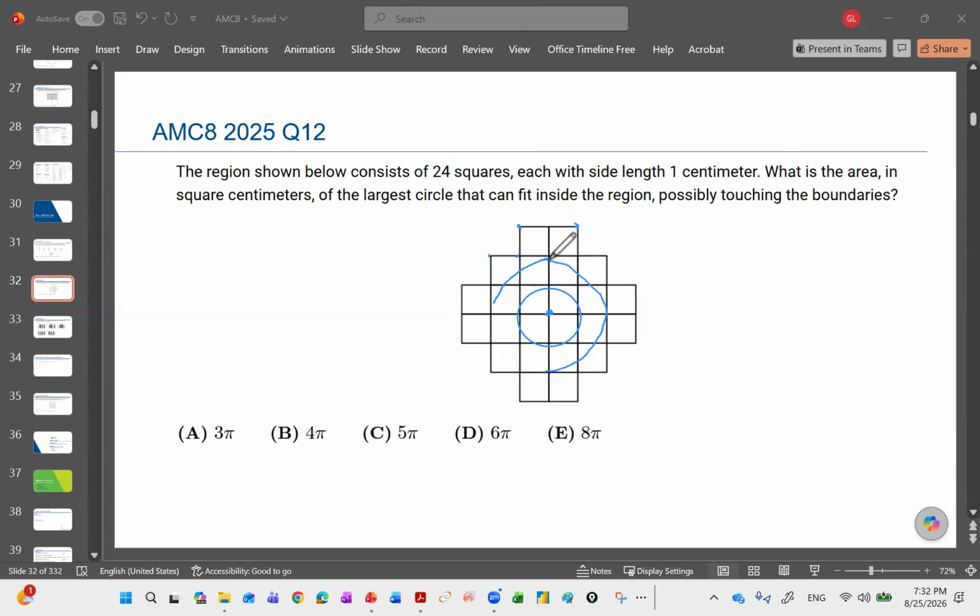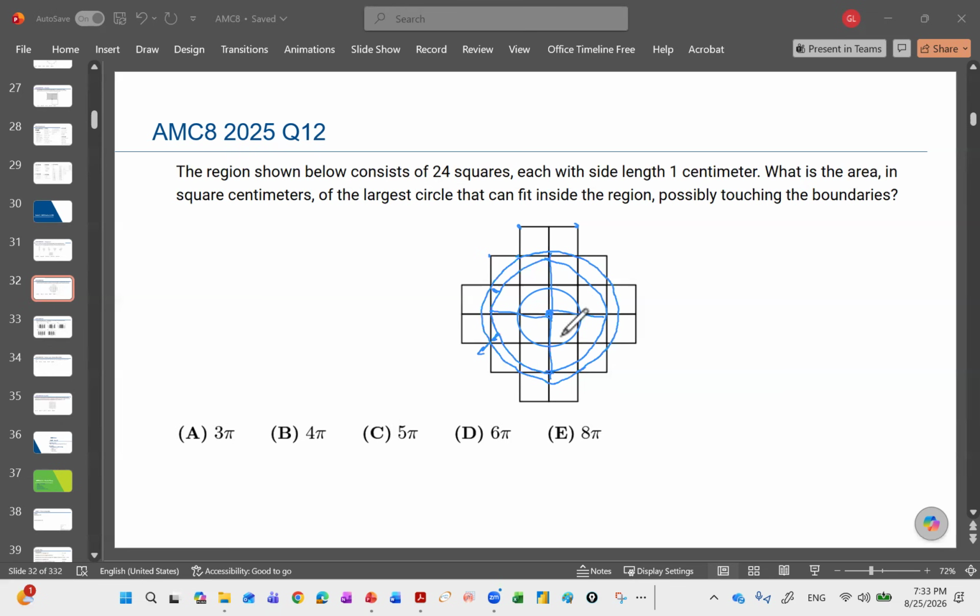You can still expand a little bit here, and here is 2, here is 2, here is 2, here is 2. It still expands. Crossing over here looks like the longest. If you expand a little bit more, it would be outside.